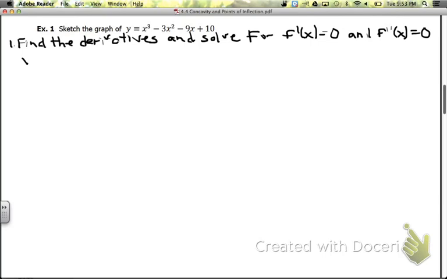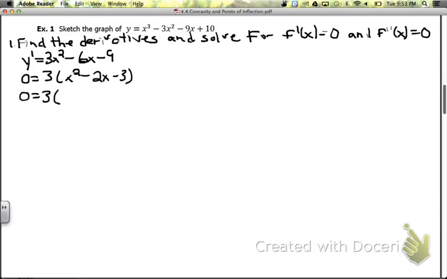So let's go ahead and do our first derivative. So y prime is going to be equal to 3x squared minus 6x minus 9. Now we're going to set that equal to 0. And when I do that, I can factor out a 3 here, and I'll be left with x squared minus 2x minus 3.